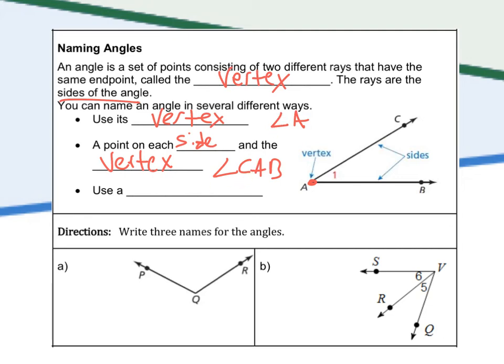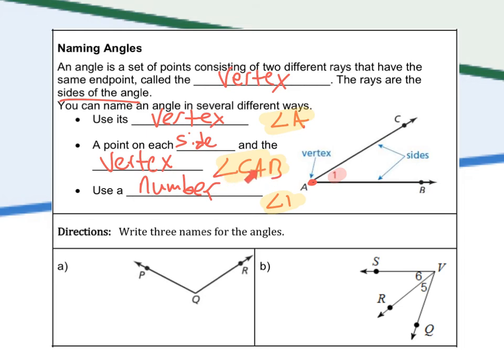And we'll see times when we need one, not the other. We can also use a number sometimes, and that makes things a little easier for us, like this little number 1 here, and we could call this angle 1. So there's 3 ways to name this particular angle: angle A, angle CAB, and angle 1. Those are all 3 names for this. My friends call me Al.